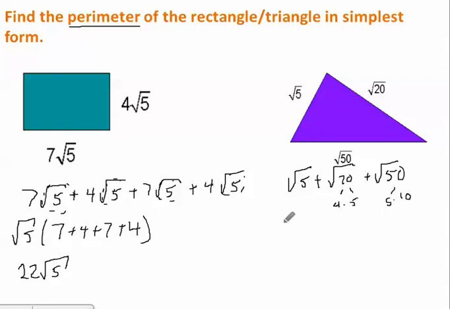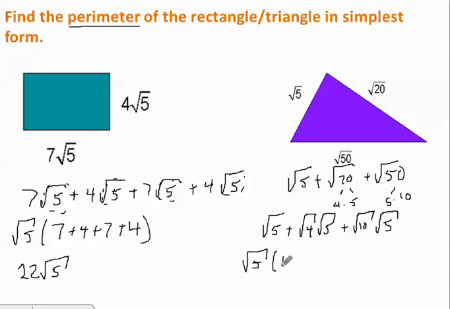So I'm going to have the square root of 5 plus the square root of 4 times the square root of 5 plus the square root of 10 times the square root of 5. They all have a square root of 5 in them, so pull that out. Square root of 5 times 1 plus 2 plus the square root of 10.